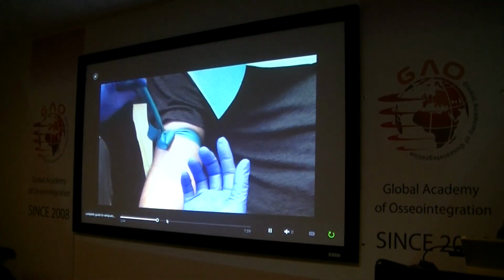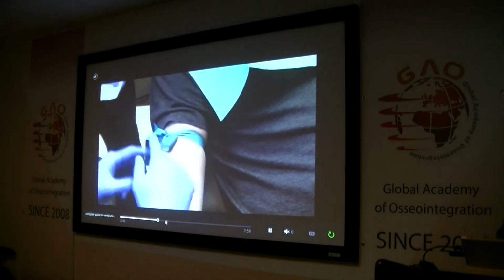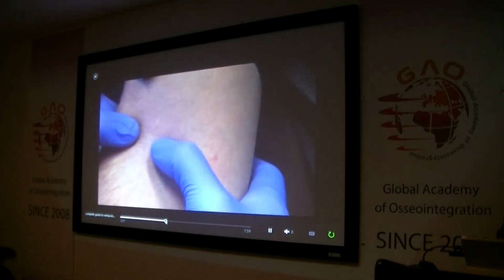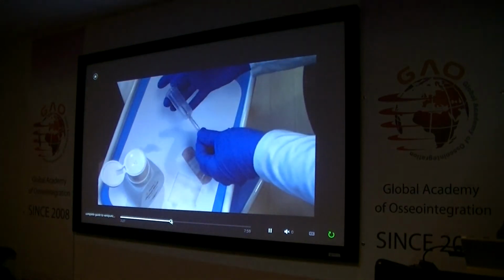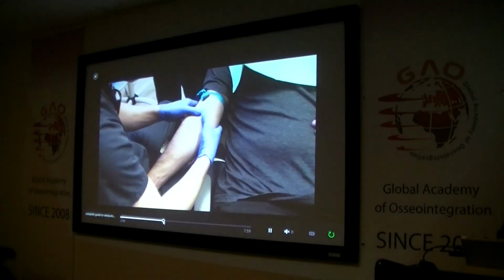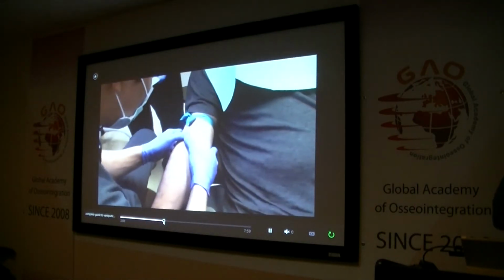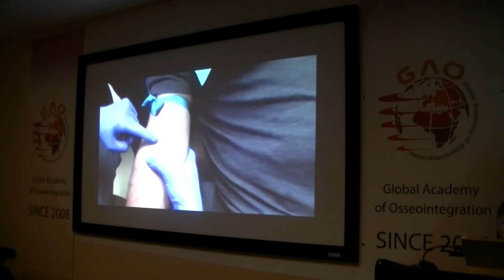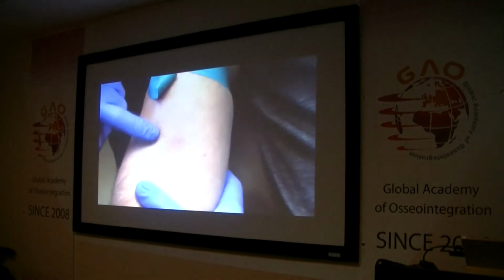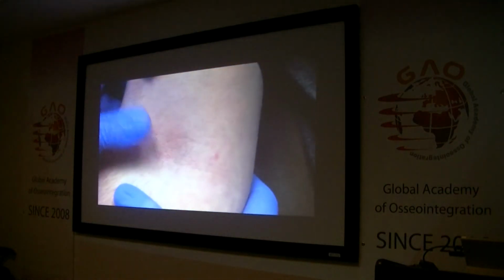So this is an important step here. We're getting set up. I've identified my vein, so it's right there.